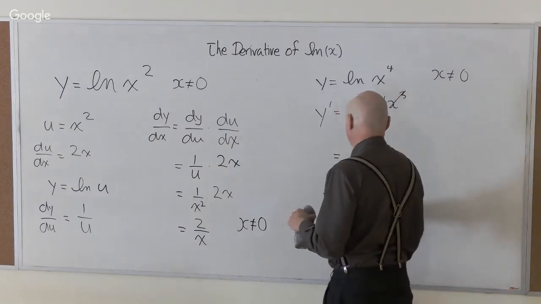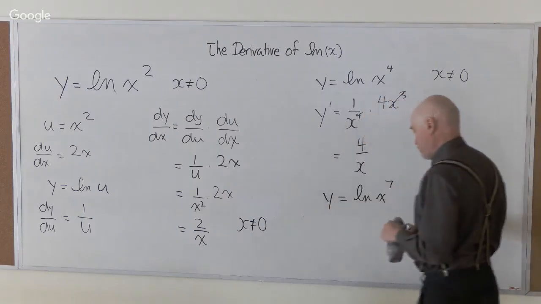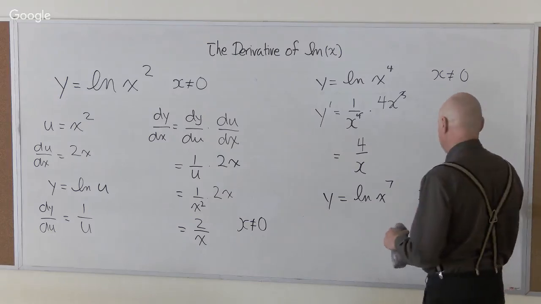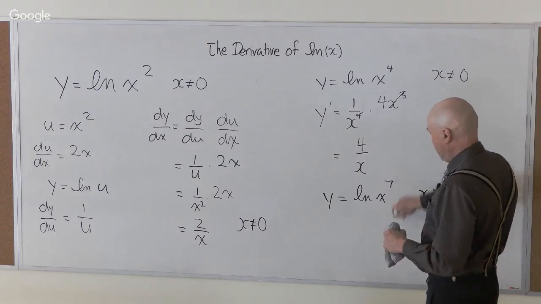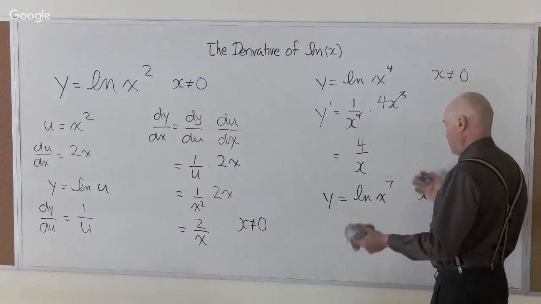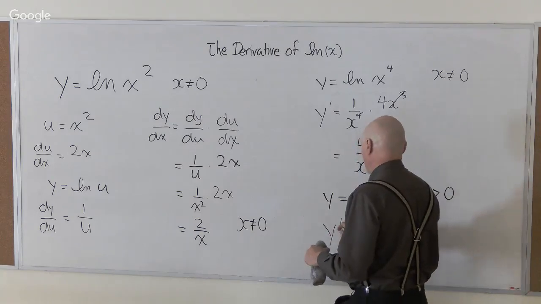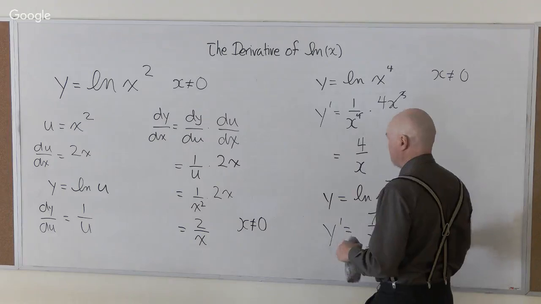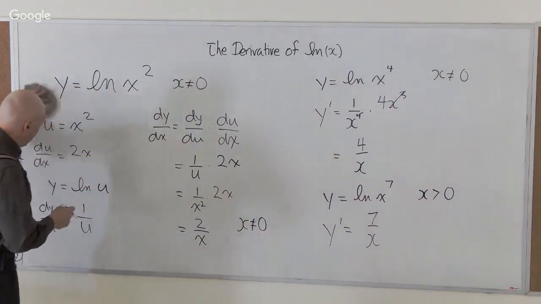So if y was equal to the natural log of x to the 7th, say, for example, in this case, the only difference is that x has to be greater than 0 because this is an odd power. I can't take the natural log of a negative number, so x has to be greater than 0. So y prime is equal to 7 over x. It's just that simple. Is it some sort of witchcraft?